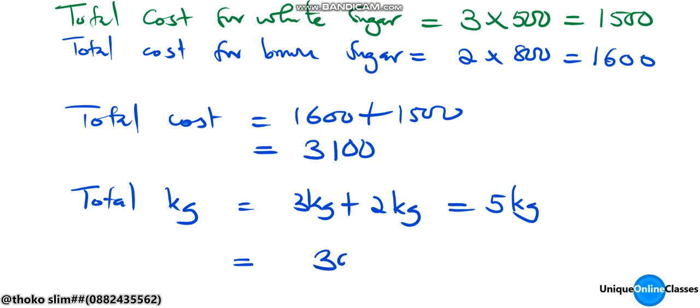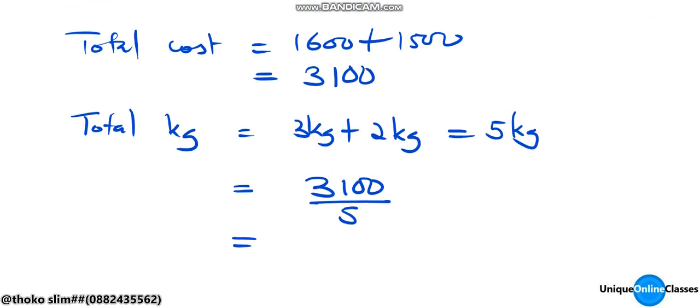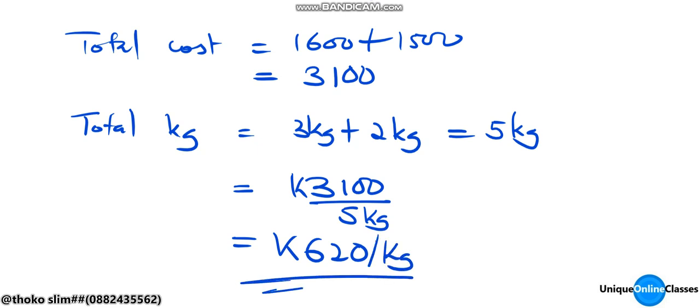So it's 3100 divided by 5 kgs. We have kgs here and kwacha there. If you divide 3100 by 5, the answer is 620 kwacha per kg. That's the answer there.